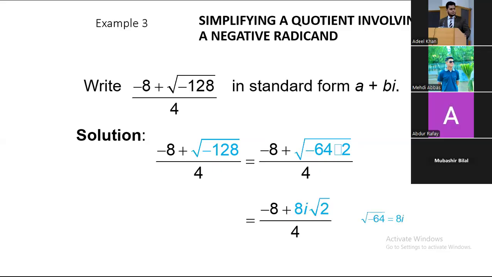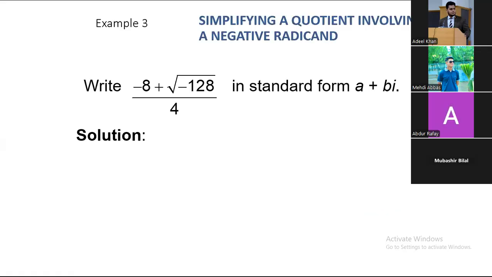After that, we know that the square root of -64 would be 8 iota, and the factor 2 we cannot take out of the root. So the square root of -128 would be represented in short as 8 iota square root of 2, and both the values of numerator -8 and 4 are represented over here. So this is the simplification aspect of these things.